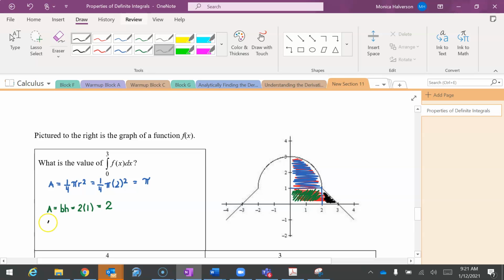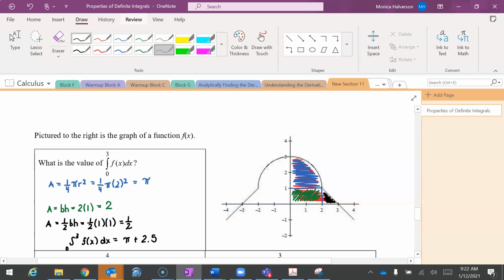We know the area of our triangle is 1/2 base times height. So 1/2 times 1 times 1 equals 1/2. So we would add all of these together, and we would find that the value of our definite integral would be pi plus 2.5. And that would be the correct answer.